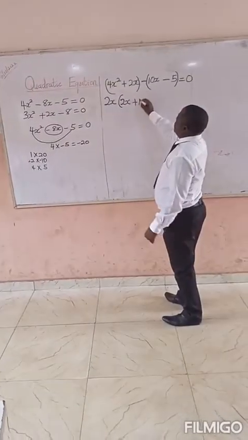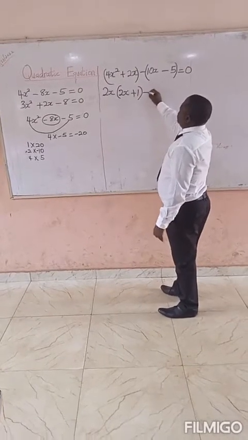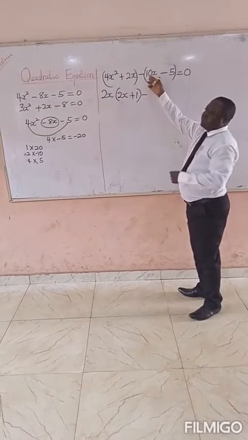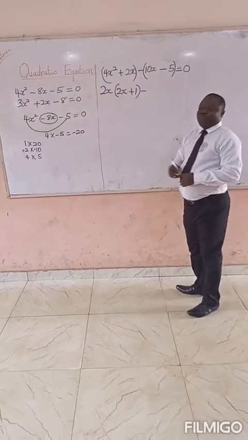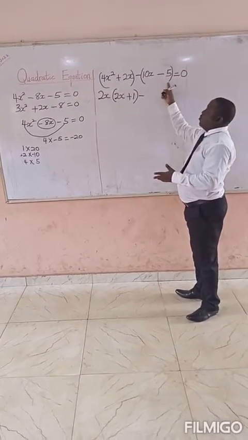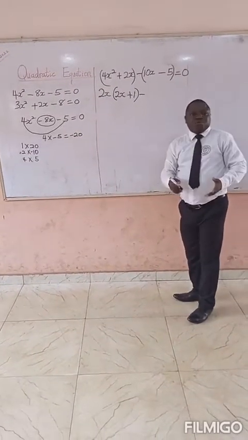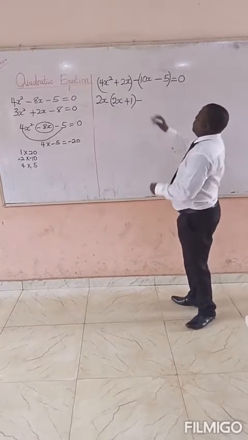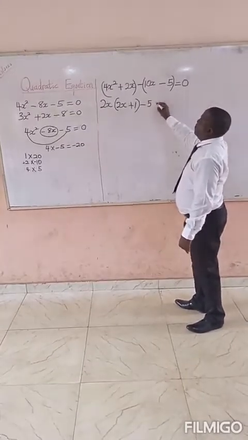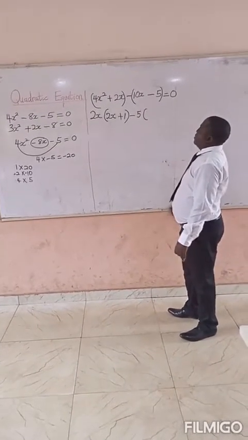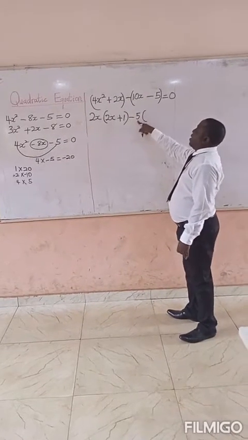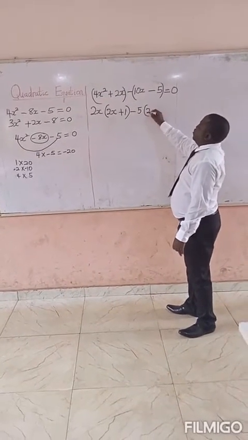So this is 1. Then minus, the next step, what is the highest common factor of 10x and minus 5? So the highest common factor of the two is 5. So 5 open brackets. If 10 divides 5, we'll be left with 2.